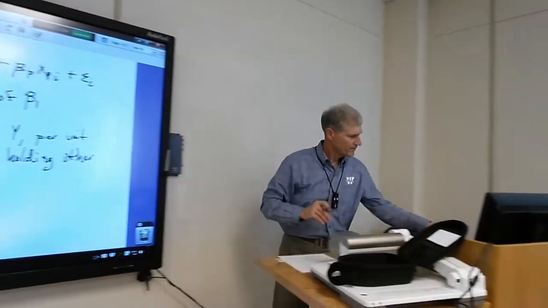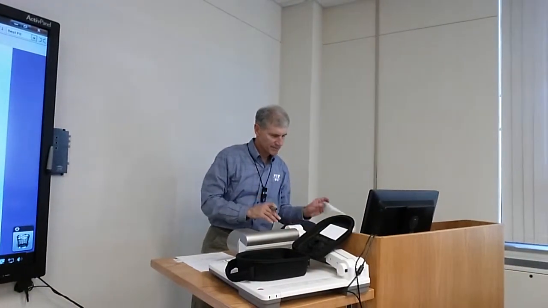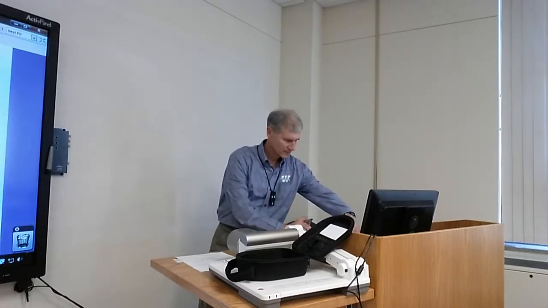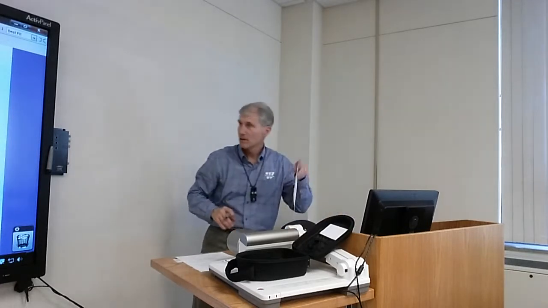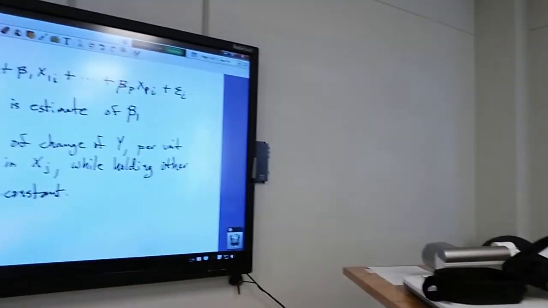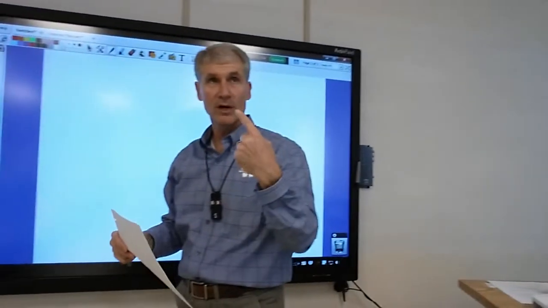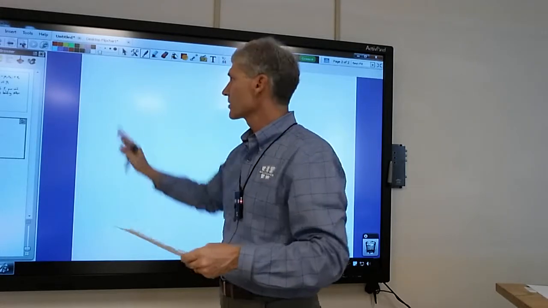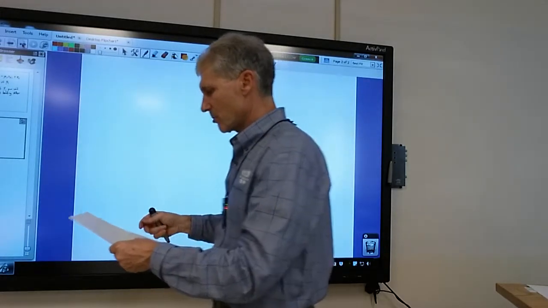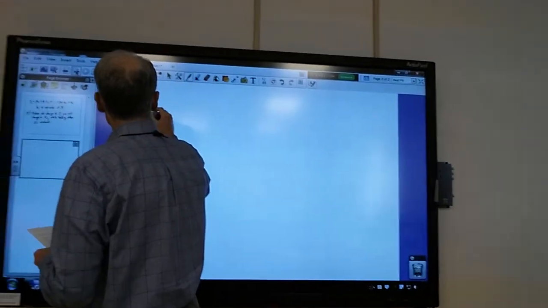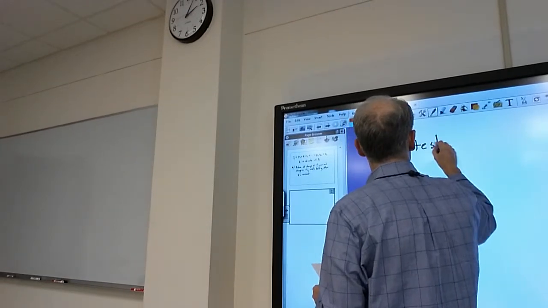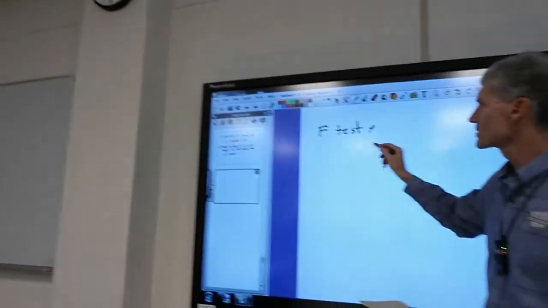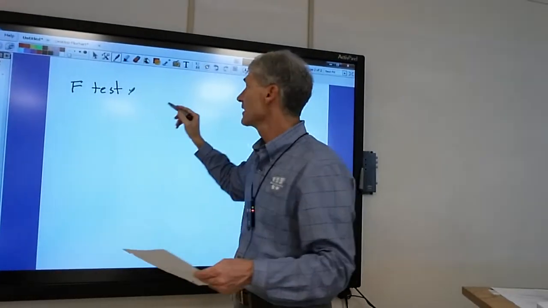All right. So we talked about the ANOVA table. It's the same setup that you had in simple linear regression with one variable. I'm not going to copy the whole thing down again, but the F test. What is the null hypothesis for the F test at the top?